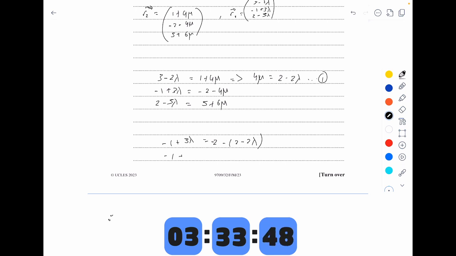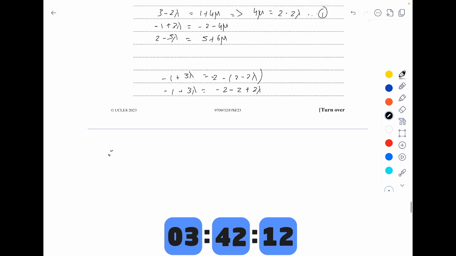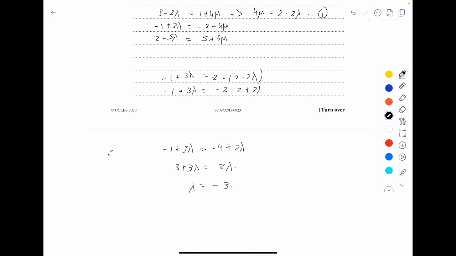Negative 1 plus 3 lambda is equal to negative 2 minus 2 plus 2 lambda. Perfect. And I can therefore say that negative 4 plus 2 lambda, 3 plus 3 lambda is equal to 2 lambda, which means that lambda then is equal to minus 3. There goes the clock.